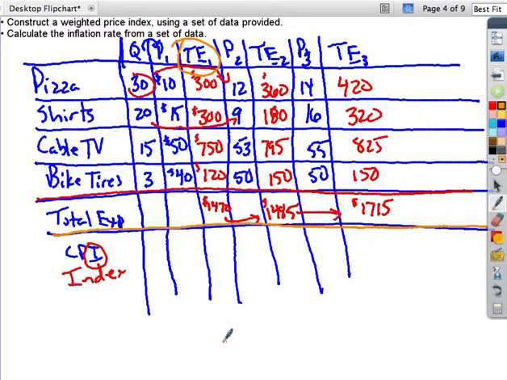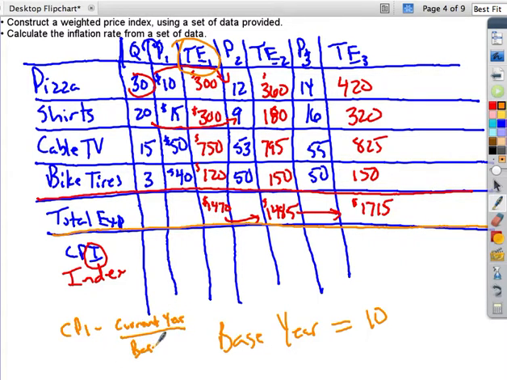And the base year is always equal to 100. And you'll see why in just a second. So to calculate the CPI, we take the current year divided by the base year times 100.